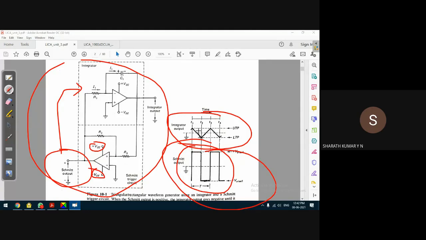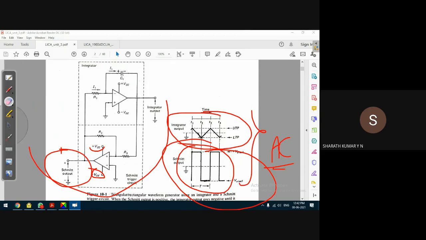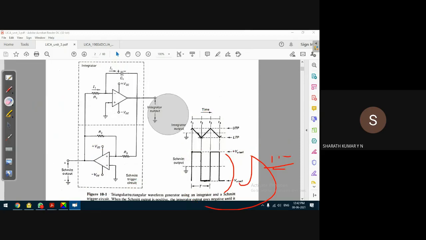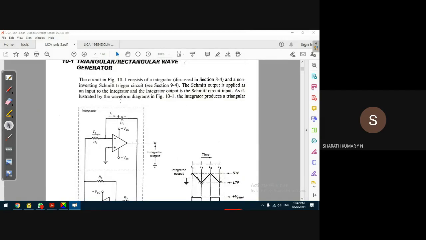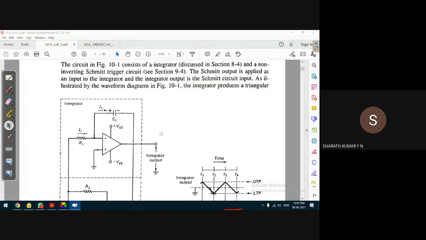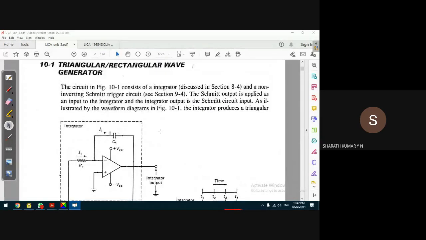But the circuit is generating a triangular waveform and a square pulse, both of which are AC, alternating signals. That's the basic operation principle of the triangular and rectangular waveform generators.